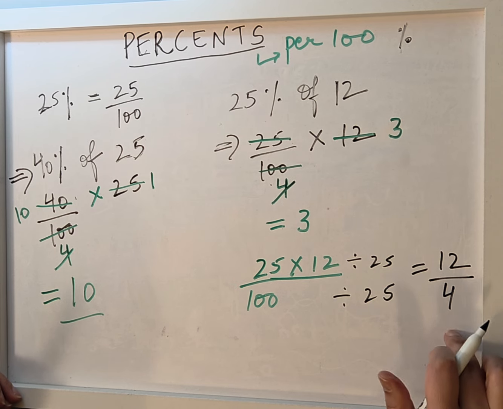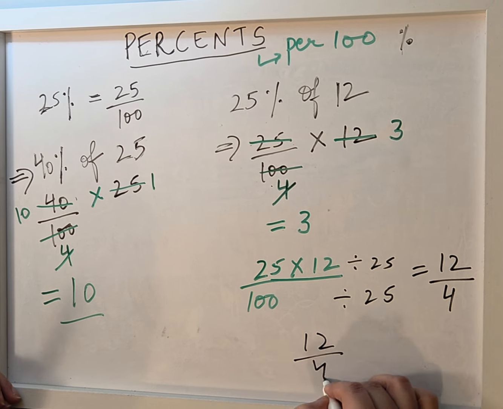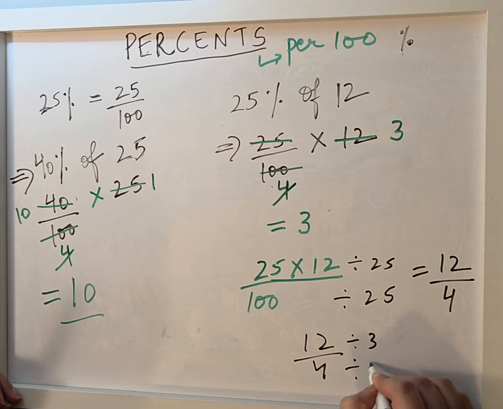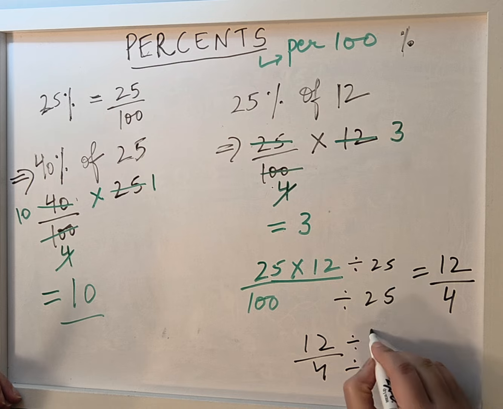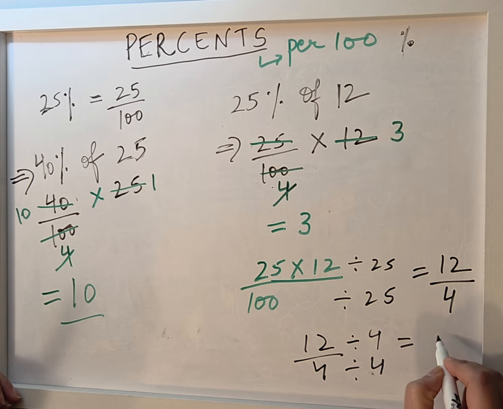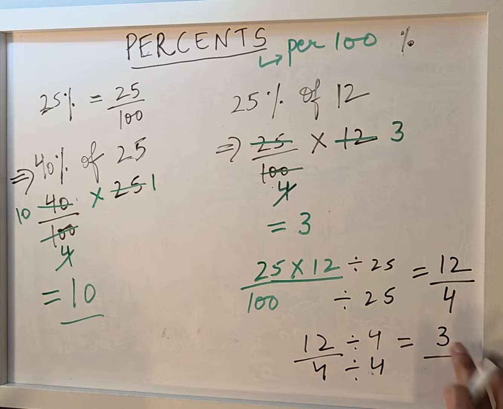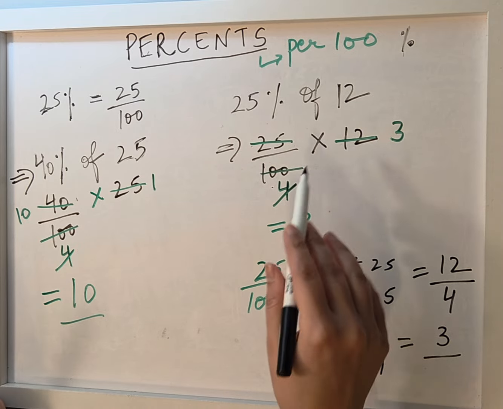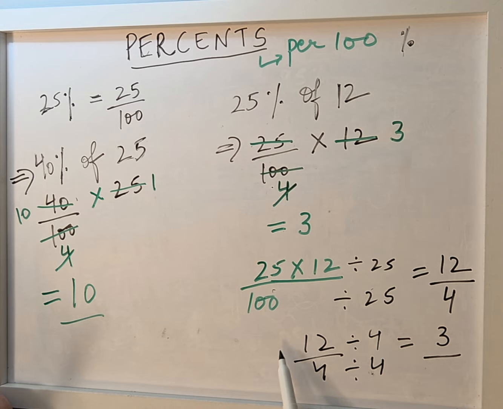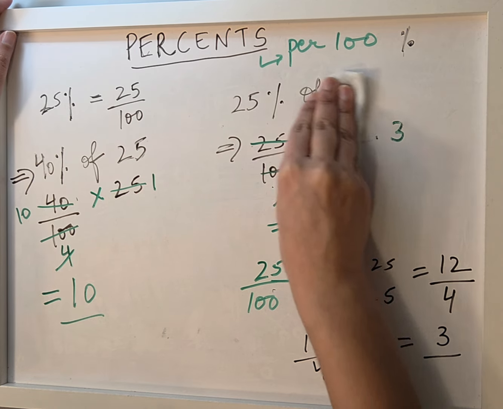Now 12 and 4 we further divide by 4, and 4 into 3 is 12 and 4 into 1 is 4. So we get the answer as 3. Basically, when we are dividing, we are changing it into the simplest form by finding the common divisors. I hope this is clear. So this is one way to do it.